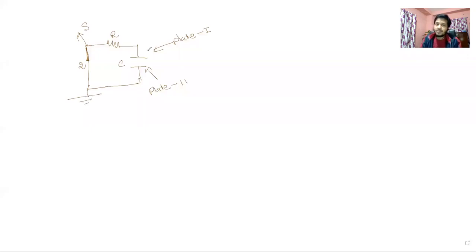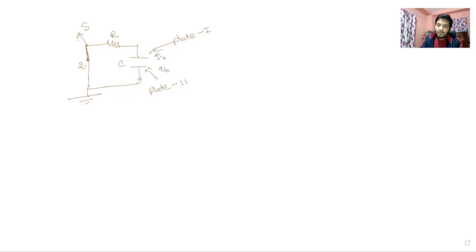If we have charged our capacitor completely, then of course the charge stored on this capacitor will be maximum. In the previous class we denoted the maximum charge on the capacitor by Q naught.